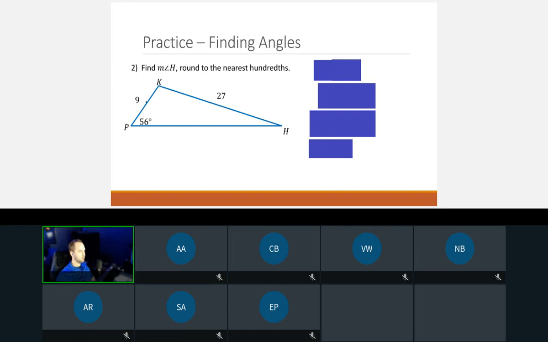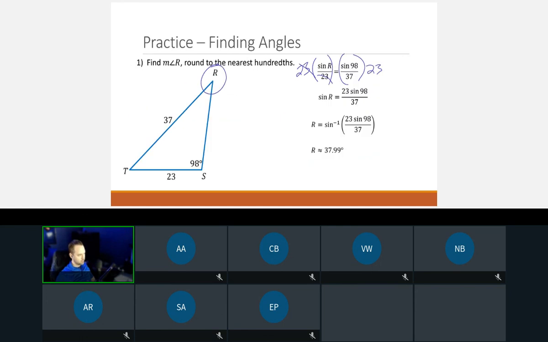Oh, I think I found it. Okay, I'm going to go back to this previous problem just so I can type this in.